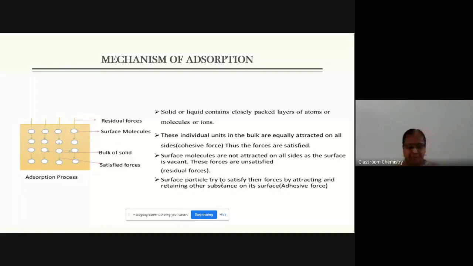Surface due to unsatisfied forces, due to residual forces, when another substance comes in contact with this surface, it attracts that another substance, and that another substance will adhere on the surface of this substance, and this is known as the adsorption. That is the actual adsorption process.